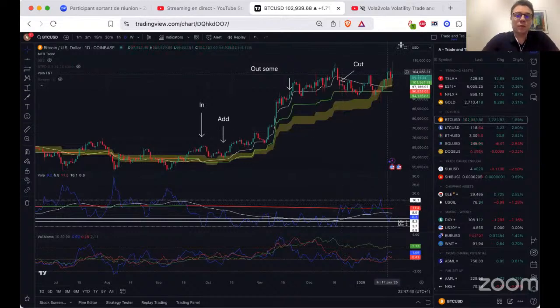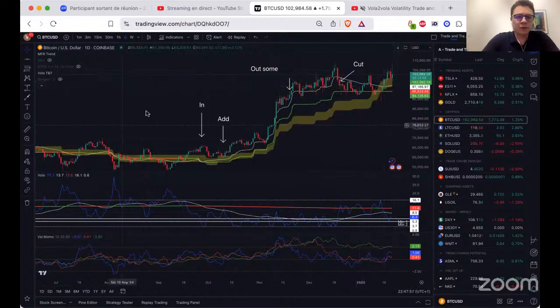Doesn't mean that Bitcoin is not going to 200K. It's just okay, I cut here because the bullish move is over. Now we are entering chop or potential bearish trend change. So we want to play the clean move, and this obviously is not very clean.